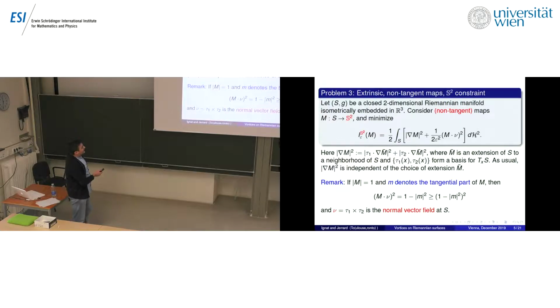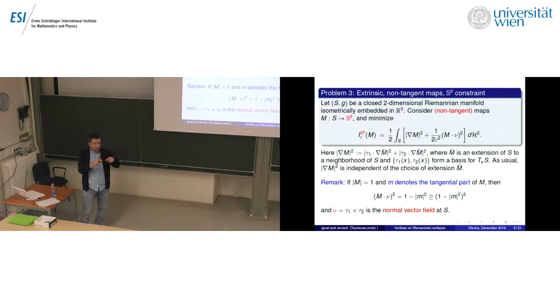And now the third model, which is something that you will see that comes in physics, is that now, again, you will consider a 2D surface, but now you will consider maps. So it's like in the problem of the barber, with the hair. So now you consider a map that could go out of your tangent space, and then you get again the gradient squared, and then you will penalize the normal component, right?